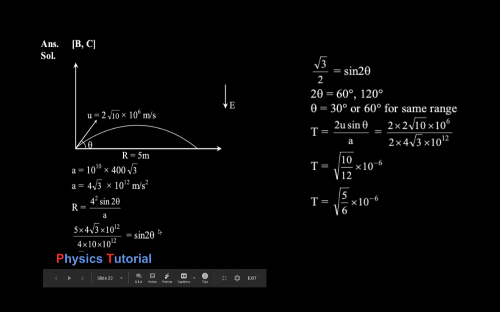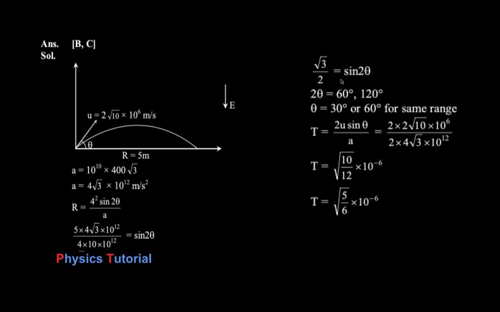So in this way we get sin 2 theta. After calculation we get root 3 by 2. This shows that 2 theta is 60 degree or 120 degree, so theta is 30 or 60 degree for the same range. And then time of flight you have to find, so T equal to 2u sin theta by g. The angle theta was required over there, and time of flight is also required.